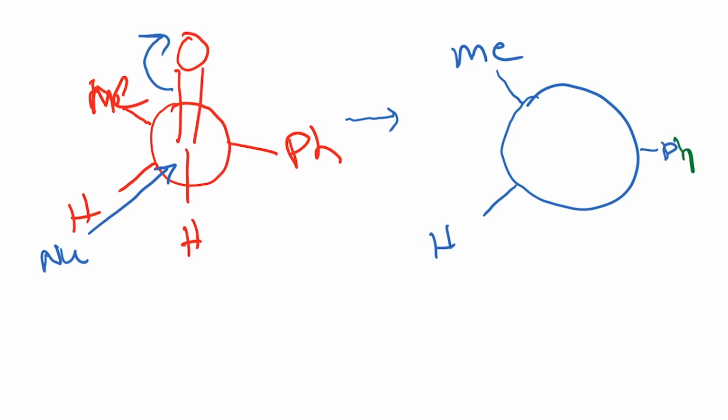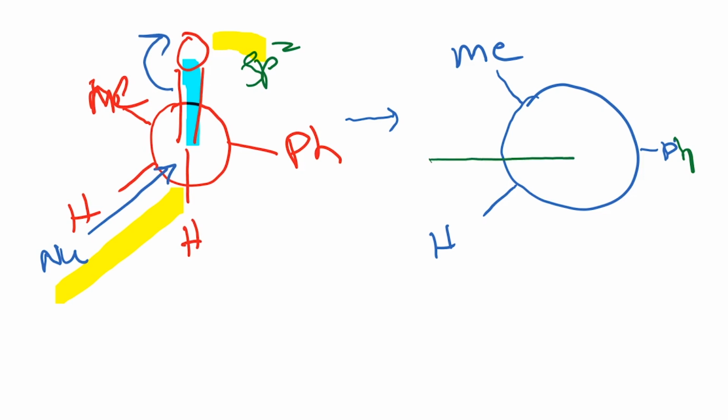What happens in this process is that this carbonyl bond is going to break; this carbon was sp2 hybridized, and now it's going to become sp3. Since the nucleophile is attacking from this direction, the C double bond O is going to move here. Just to simplify things, I'm going to draw it like this.